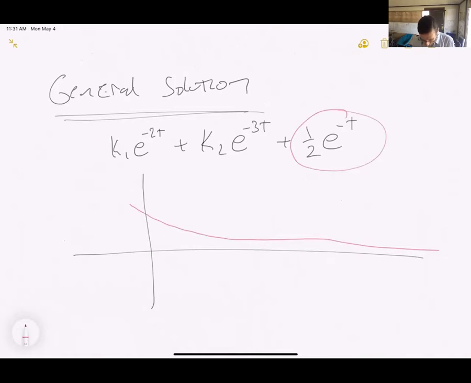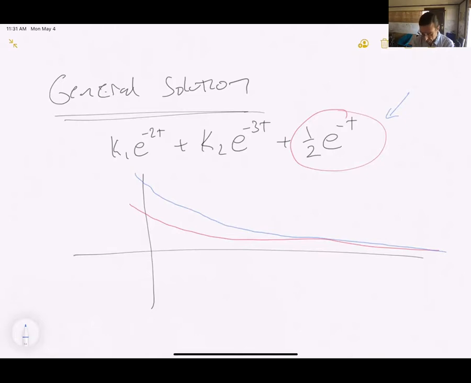Then for any other function, you start off adding something, but eventually that term dies off much faster, and it becomes asymptotic to that 1/2 e to the minus t. So other solutions eventually converge to the same thing, they're asymptotic to 1/2 e to the minus t. So the general solution ends up converging to that specific solution that we found.